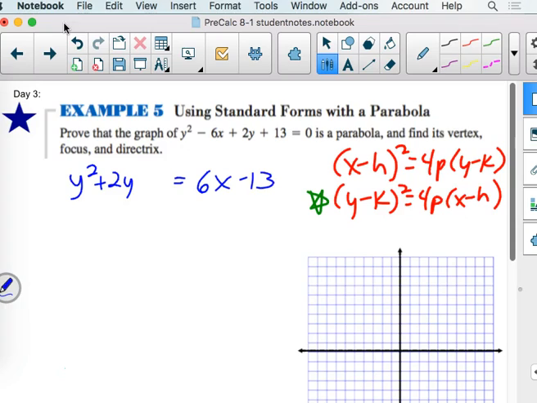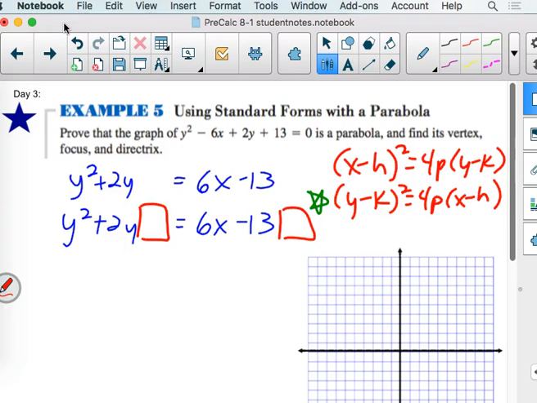Next one. Now, if there were a number in front of a y squared, we'd have to factor that out first in order to make sure that this is going to work. But we've just got y squared plus 2y. I'm just rewriting it again so if somebody's gone, you can see what we did. We want to fill in this blank with that c value that will make that a perfect square binomial.